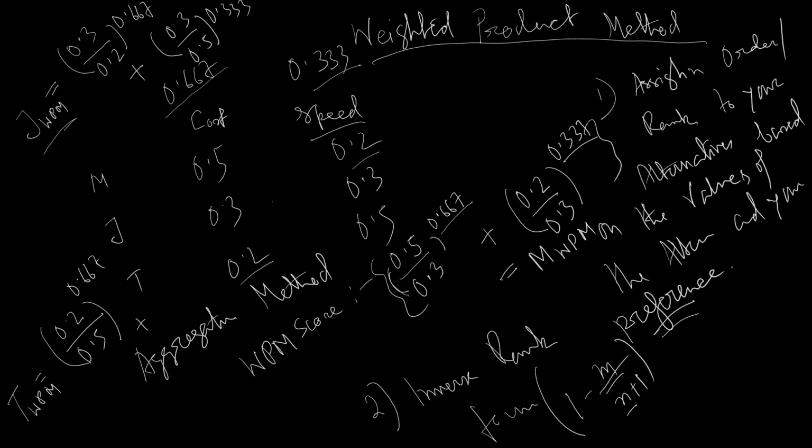Similarly, for speed, the value of Toyota is 0.5, divided by the value of speed for Mercedes, the alternative with which I am comparing it, and then to the power 0.2.